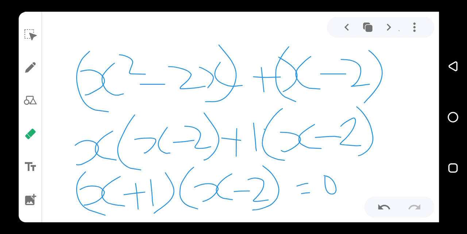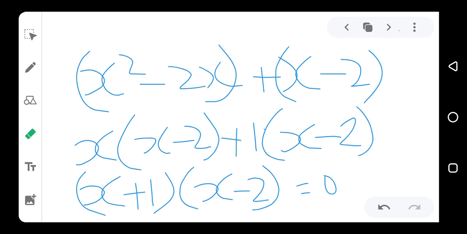So from here we have x into x minus 2, plus the common thing between x and minus 2, which is 1, since 1 can divide x and divide minus 2. So we have 1 bracket x minus 2.